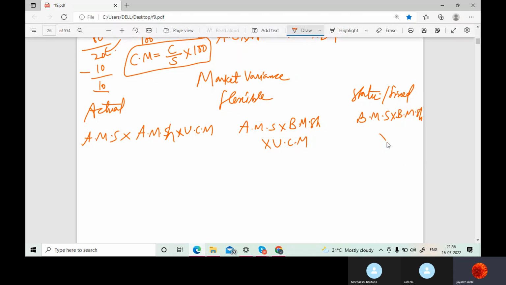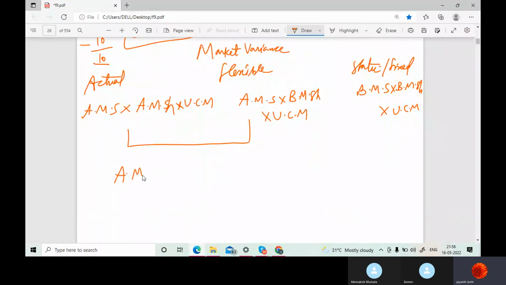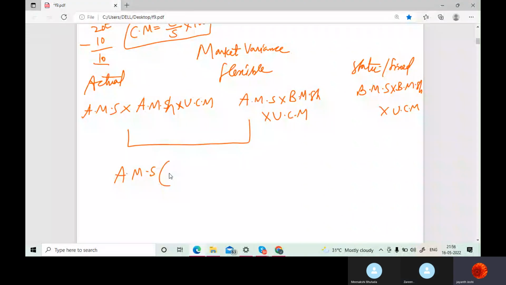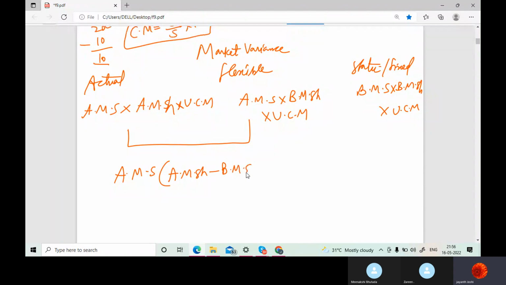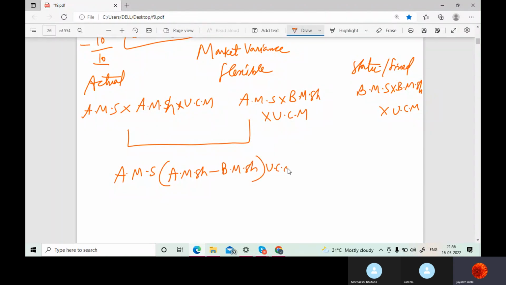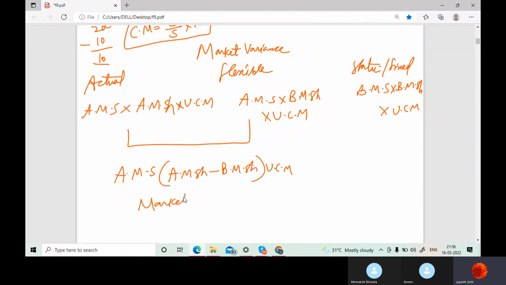Okay, unit contribution. Now, in this, what would come common? Size would come common. So this is market share variance, correct? So actual market size into actual market share minus budgeted market share into unit contribution margin. This is market share variance.